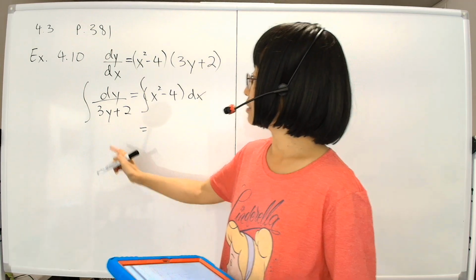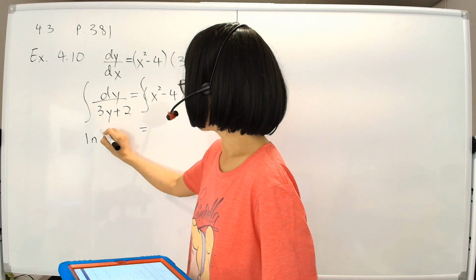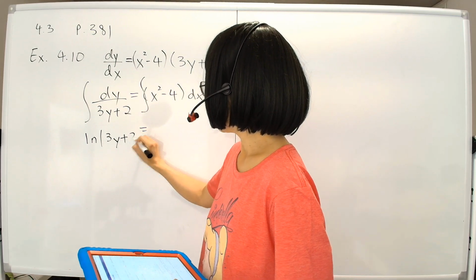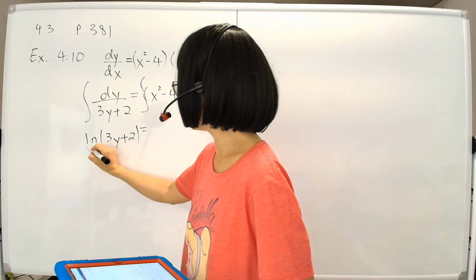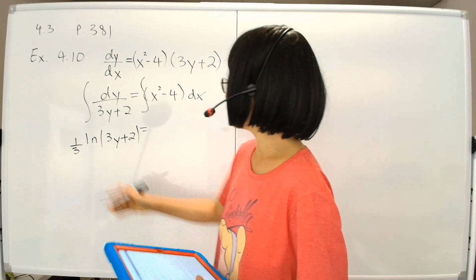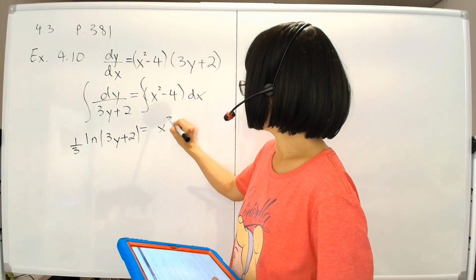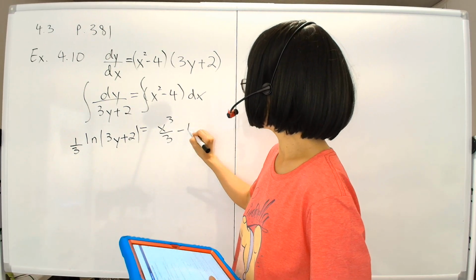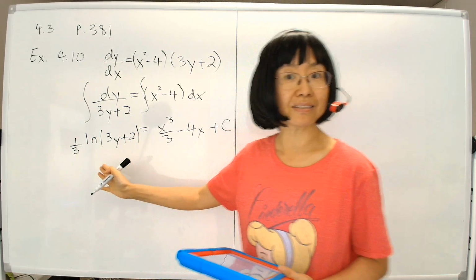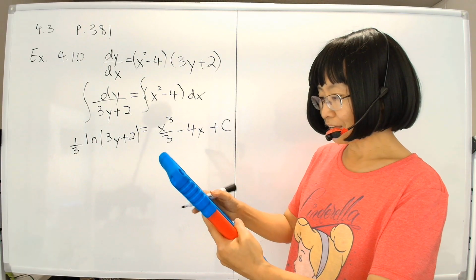This side, we integrate and get the natural log of 3y plus 2, and then you have to adjust the 3 by dividing by 3. And then this side, we have the power rule, x cubed over 3 minus 4x, plus a constant. There's actually a constant on the other side too, but we don't need two constants. One's enough, so we have the constant here.